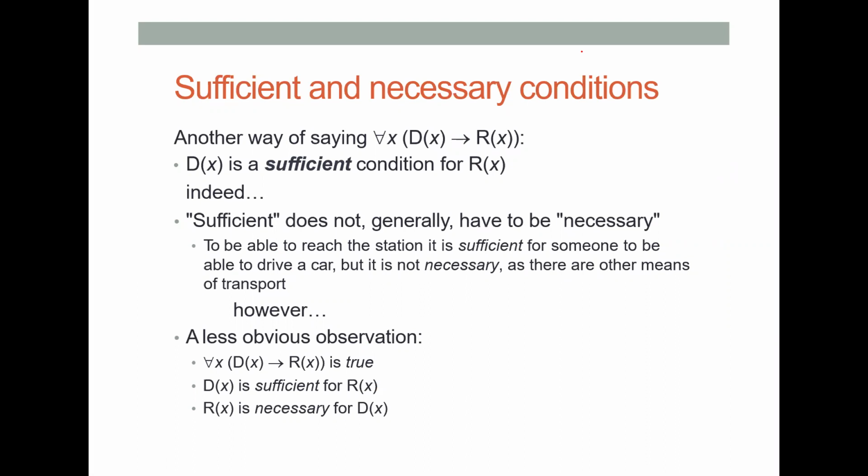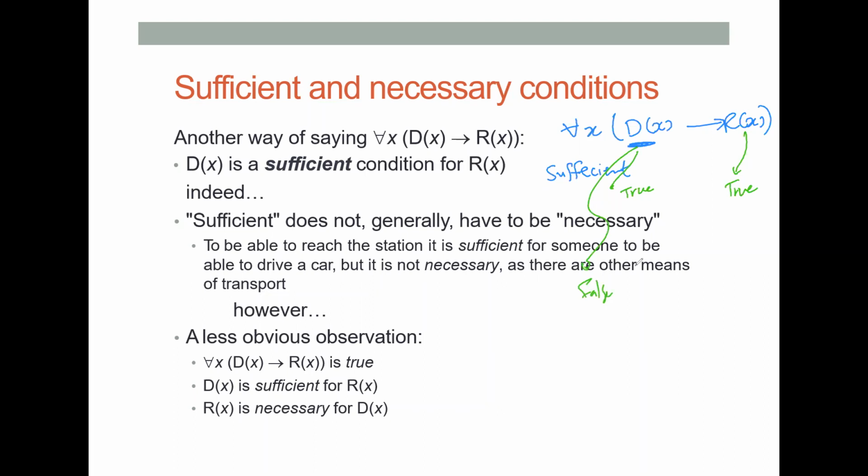If I'm saying that for all values of x, if D of x is true, this implies that R of x is also true, then the sufficient condition means that D of x being true is sufficient to have R of x being true. Yes. But if D of x is false, it has no meaning for me.